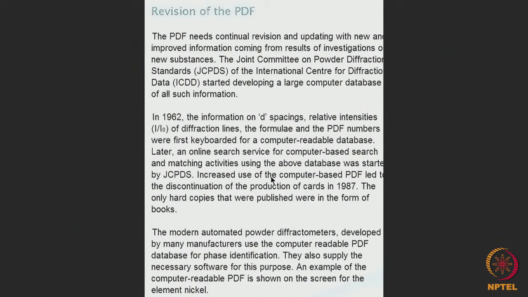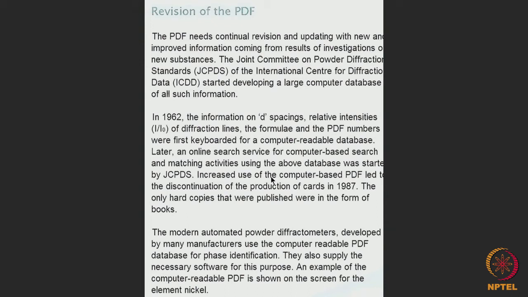Increased use of the computer based PDF led to the discontinuation of the production of cards from 1987 onwards. The only hard copies that were published were in the form of books.